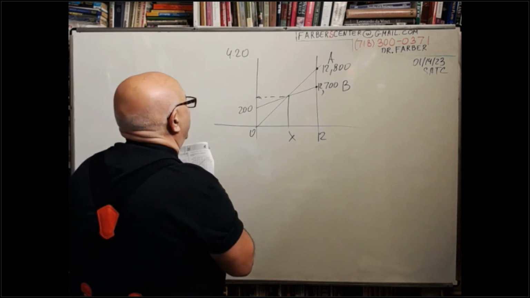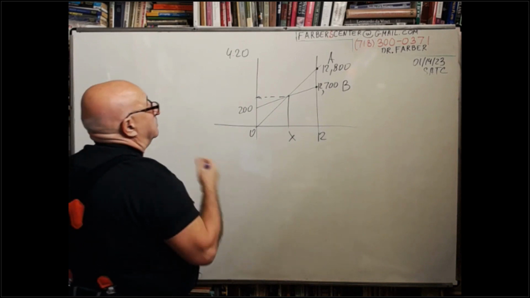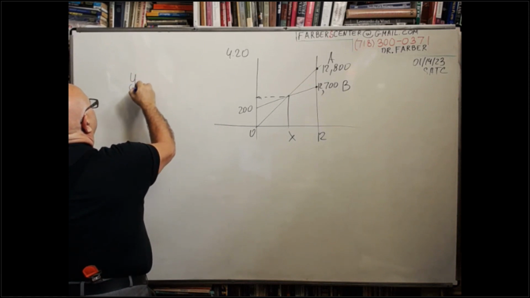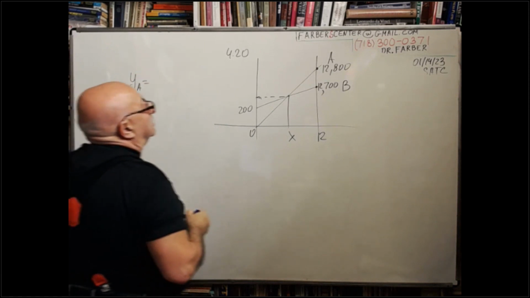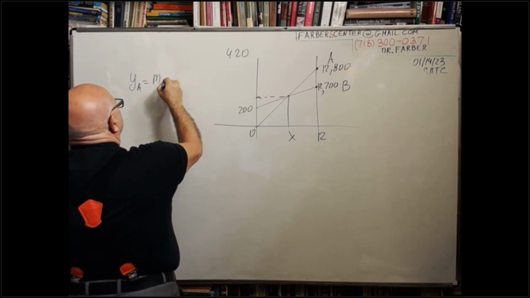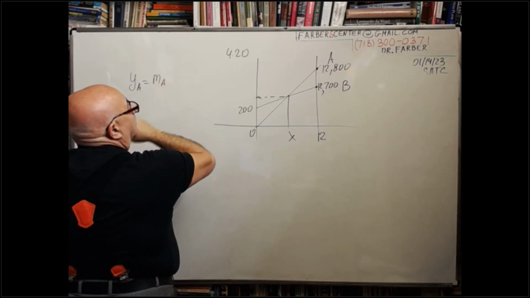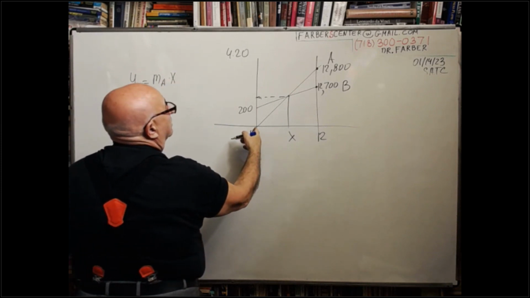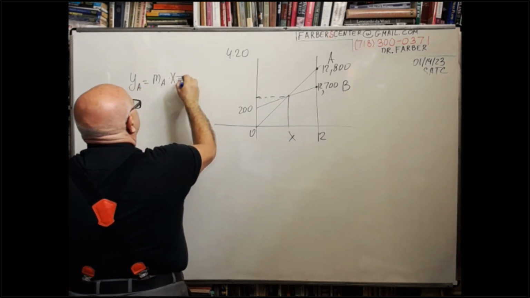So club A, YA equals MA times X, and the y-intercept is 0. What is MA?